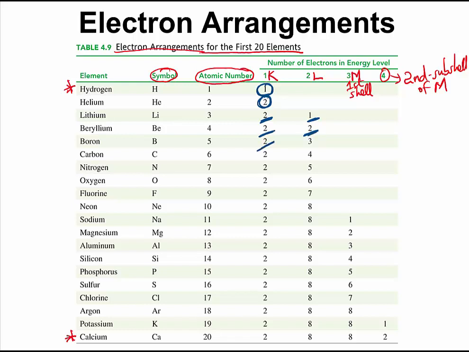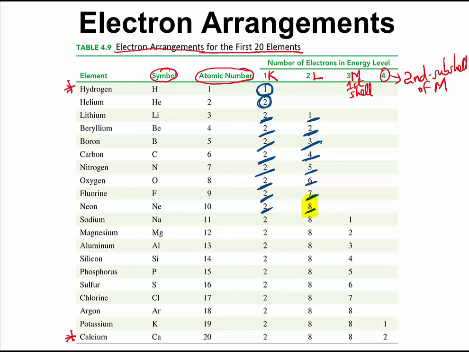Boron, 2 in the K shell, 3 in the L shell. Carbon, 2, 4. Nitrogen, 2, 5. Oxygen, 2, 6. Fluorine, 2, 7. Neon, 2, 8. And now the L shell is completely filled when we got to neon.